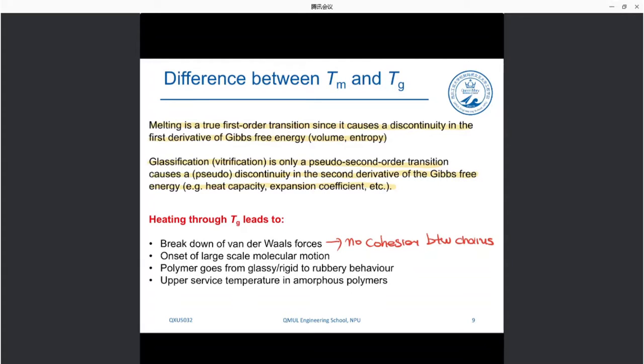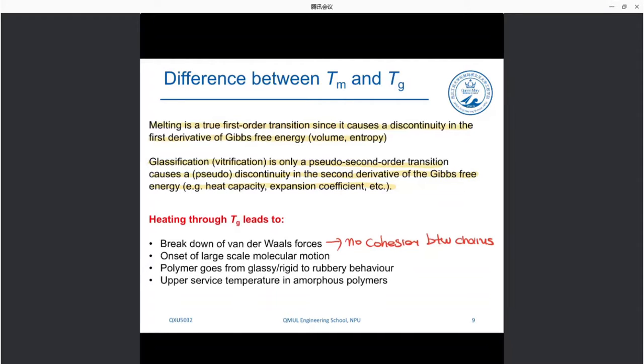The second thing is we start, as we said, large-scale molecular motion. We said before the glass transition, I repeat it once again, I want you to remember that. Before the glass transition, the chains are frozen. The chains are not moving, okay? Or they have tiny vibrations that we cannot feel in small experimental scales. So because they are frozen, there's no movement between the chains.